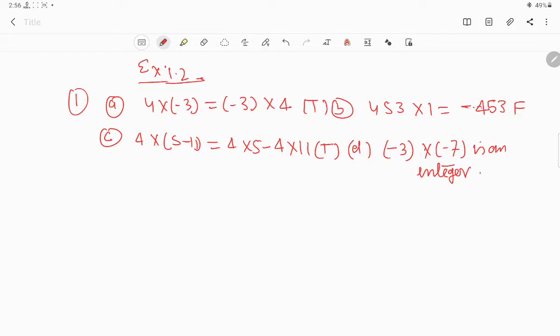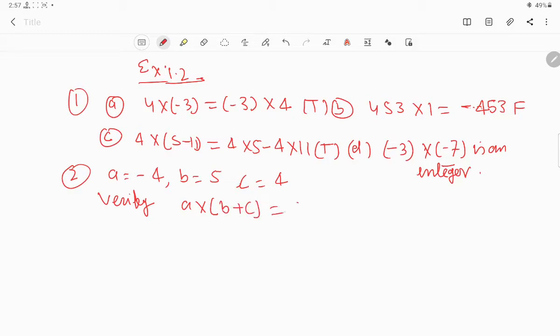Now question number 2. If A is minus 4, B is 5, C is 4, verify A into (B plus C) is equal to A into B plus A into C. This is the distributive law of multiplication over addition.